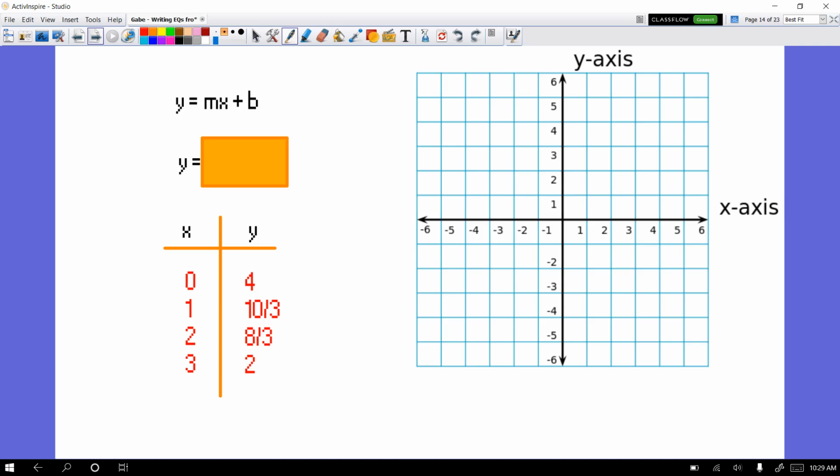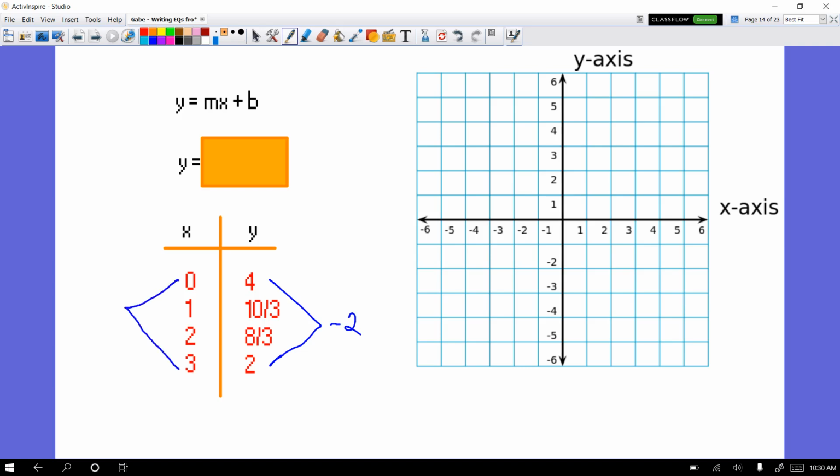Okay, so I wanted to throw this one in to just show you an alternate way to use the table because I don't want to mess with 10 thirds and I don't want to mess with 8 thirds. So whenever it comes to this, you could go like this. What's it changing from 4 to 2? Minus 2. Okay, and then that means we'd go from the corresponding x values that we chose for our y's.